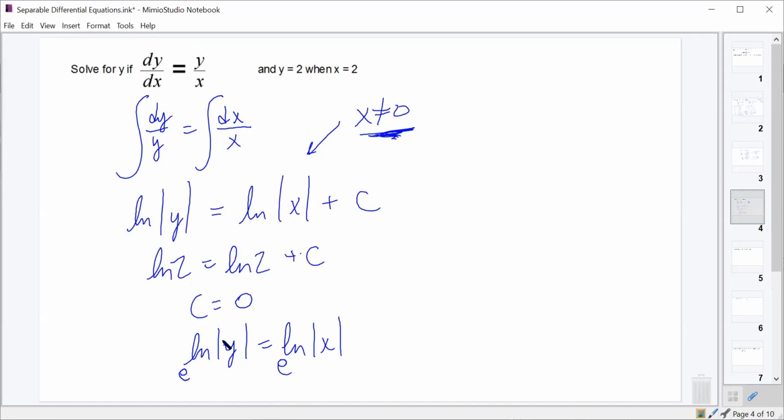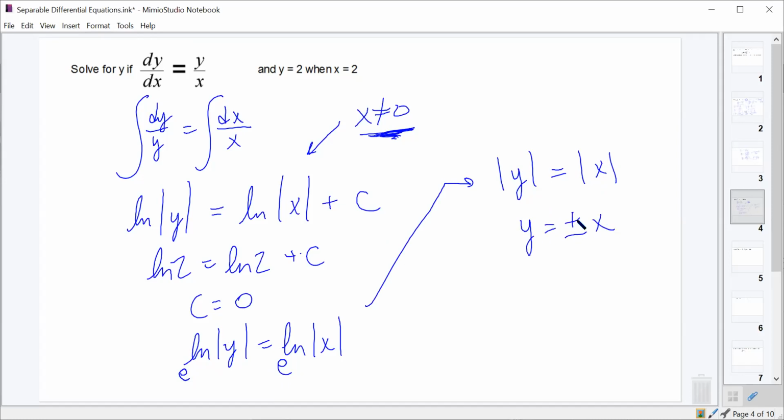We exponentiate them, right? We make them as powers of e, which turns this into absolute value of y equals absolute value of x. And we can clear off both the absolute values with plus or minuses, right? So we could turn this into like a plus or minus y equals plus or minus x, which really effectively just becomes y equals plus or minus x.